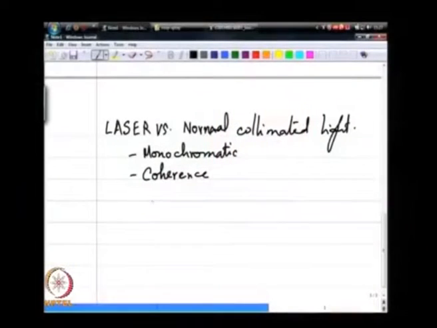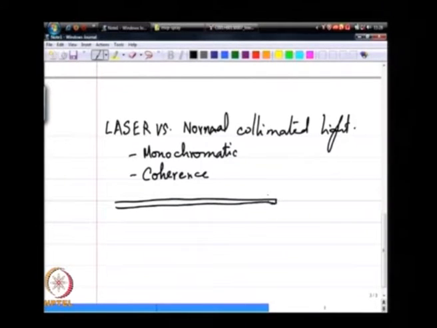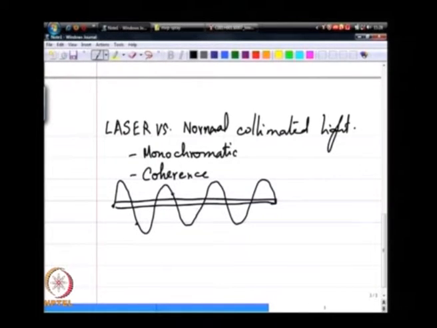The simplest way to imagine this is to look at light as an electromagnetic wave. If I have a light beam and I know the phase at one end of the beam, I know the phase at every other point, because they are perfectly correlated.